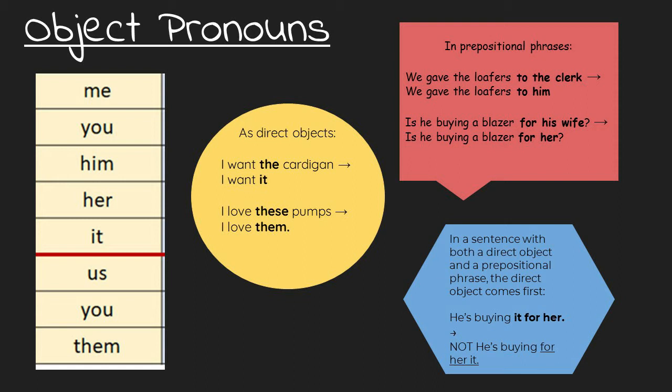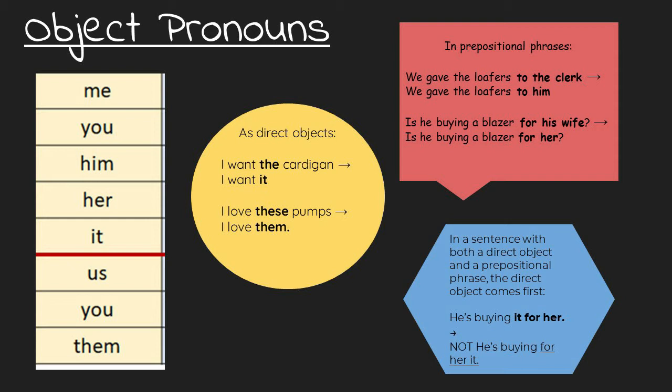In this case, we're going to start with the object pronouns as a direct object. What does that mean? For example, the direct object sometimes is a noun, right? In this case, we have "I want the cardigan."